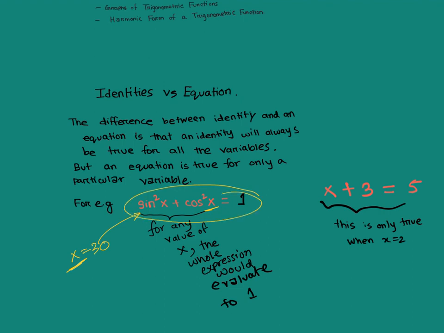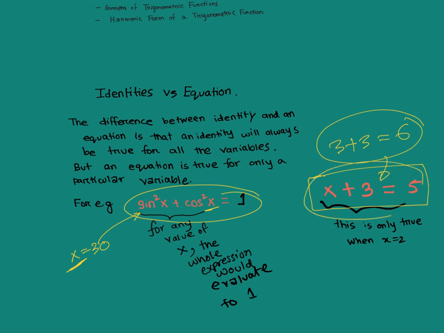But let's look at this example. x plus 3 is equal to 5. This example is only valid when x is equal to 2. If you put x equals 3, then it would be 3 plus 3, which is 6, not 5, and this equation won't be true.